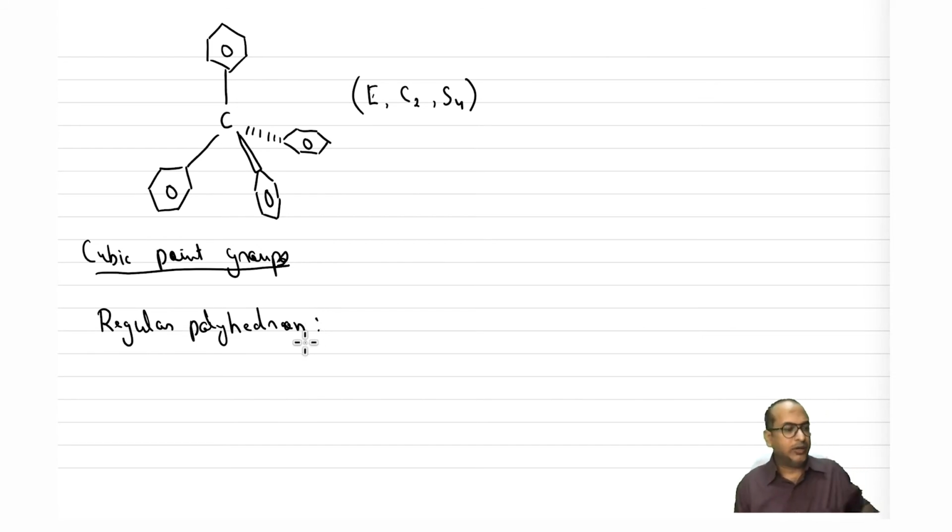So a regular polyhedron, let me open up my figures. Yes. A regular polyhedron is a closed figure.